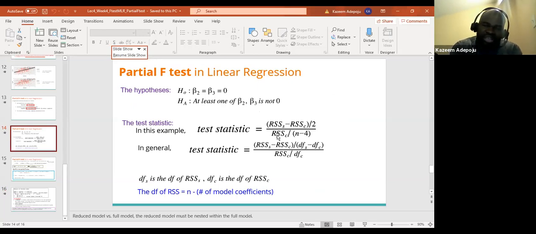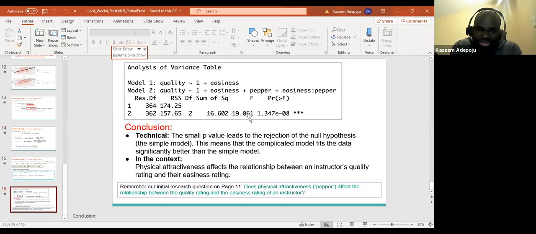If you use this formula, okay, you're actually going to get 19.061. You can try that. Okay, you are making use of these two right here. So the F statistic was actually based on the difference between the residual sum of square.